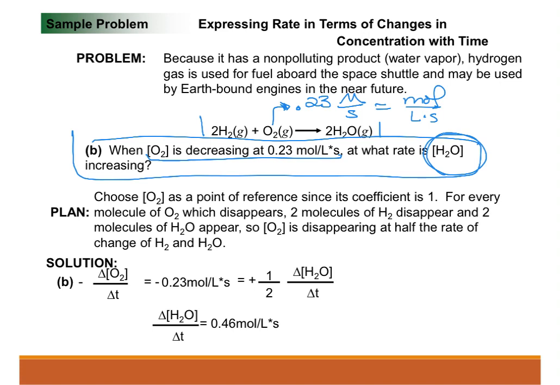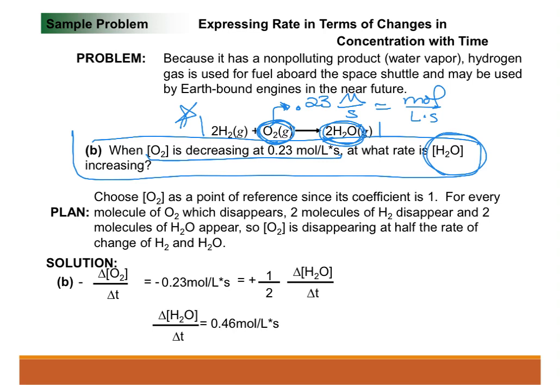But what I want you to do first is look at this equation, and if I asked you, is the appearance of water faster, slower, or the same as the disappearance of oxygen?